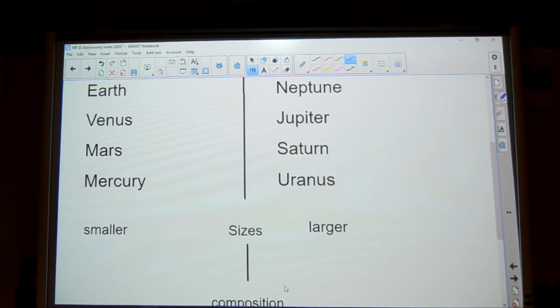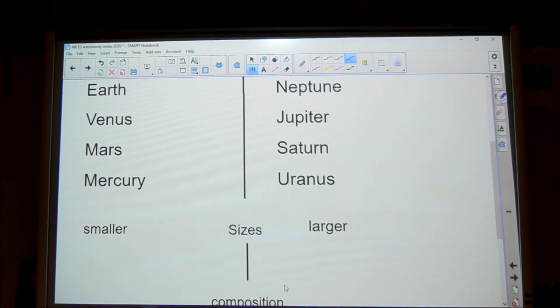If I have you go to the column where it says equatorial diameter, you'll notice the size. The four inner planets, or my terrestrial planets, are much smaller than my four outer planets, or my Jovian planets. The smallest of the planets is Mercury.